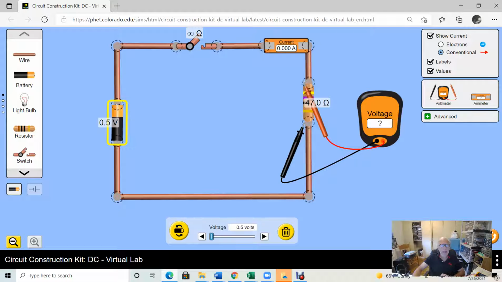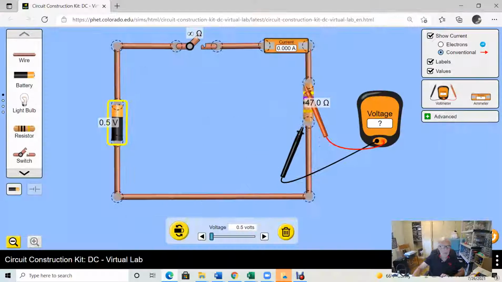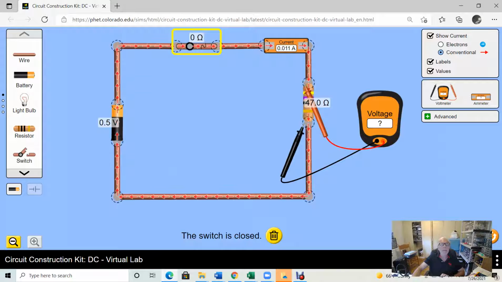And now we have to close the switch. Read the current I through the, okay, close the switch now. Here you go. Now you see the current flowing through the circuit. See the arrows here? Here's the negative side of the battery. Here's the positive side of the battery.